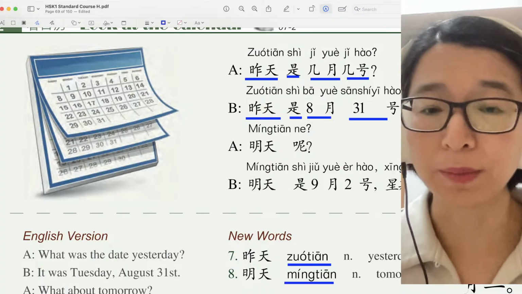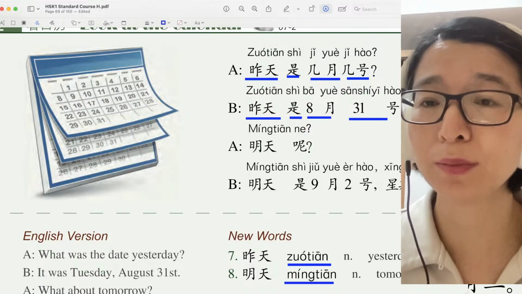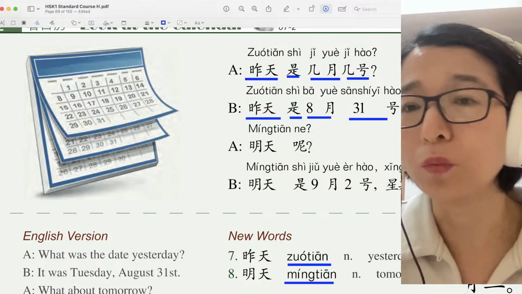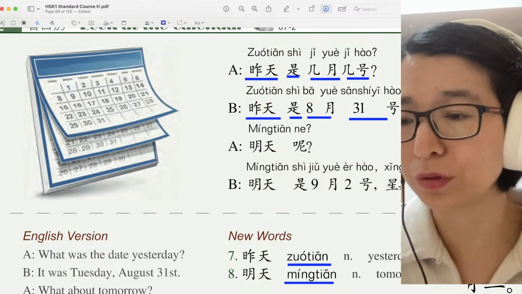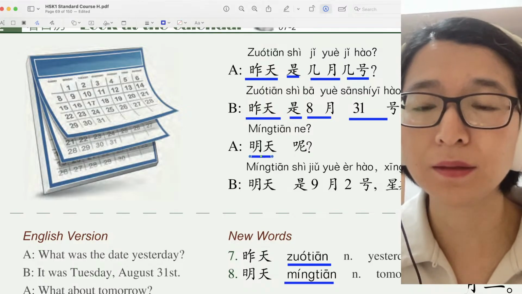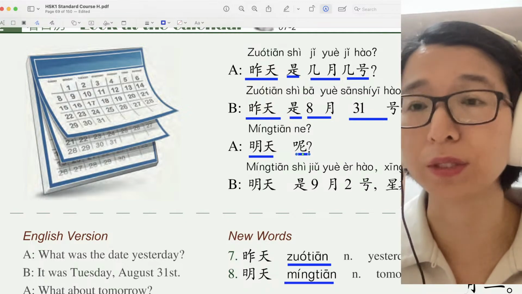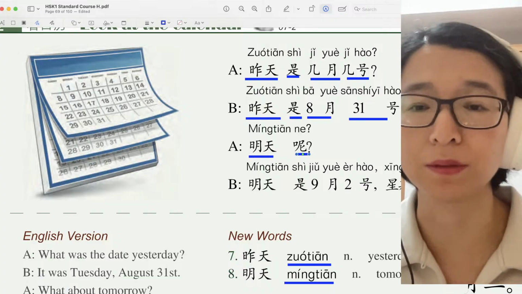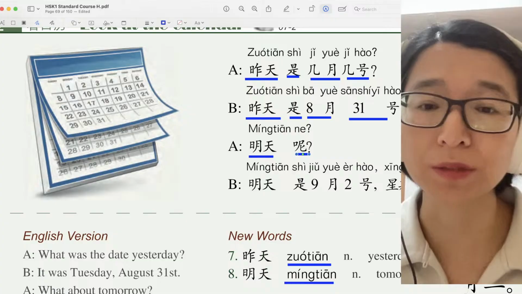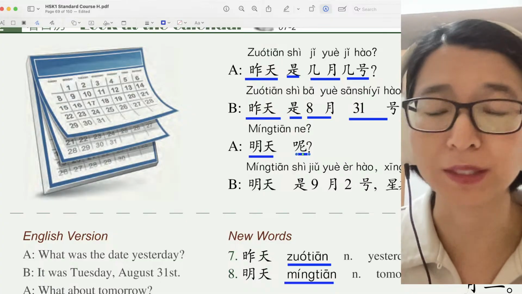Now let's talk about tomorrow. Shall we change the verb form like in English, 'going to'? Let's see, 明天呢? 明天, tomorrow, 呢? 呢 here is a question word. It just means 'how about?' If you don't want to repeat the whole sentence of the question, you simply use 呢 instead.